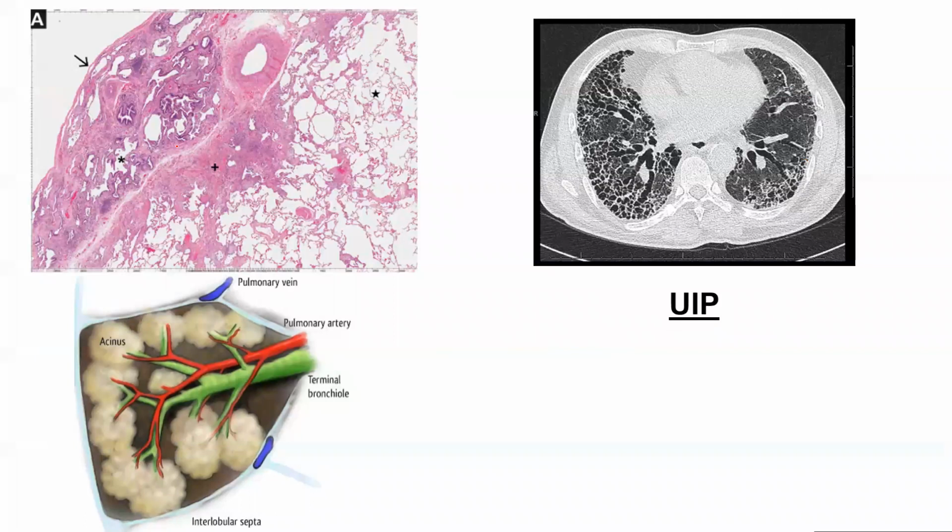The next one is going to be UIP. So what UIP really is, is a very fibrotic disease, and it's usually caused by damage, or actually, in some people, especially with IPF, which is on the differential of usual interstitial pneumonia, UIP, it's actually from cellular senescence, so long-term cellular apoptosis and death.